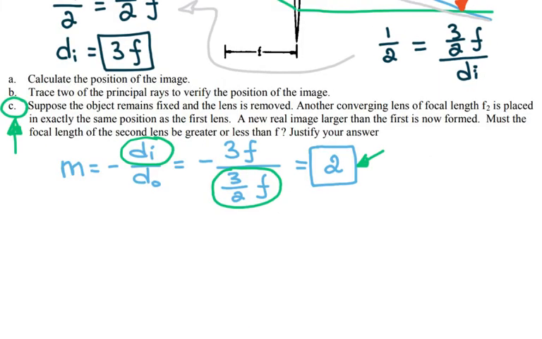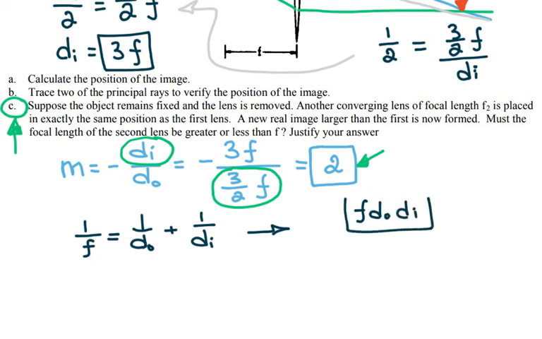I'm going to look at this equation: 1 over F equals 1 over dO plus 1 over di, and dO in our case did not change. I'm going to find the common denominator for this equation. The common denominator would be F, dO, and di. I'm going to multiply every single fraction by this number.